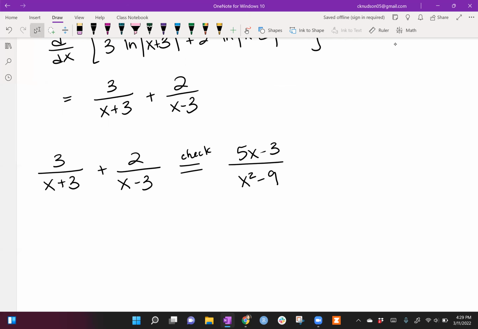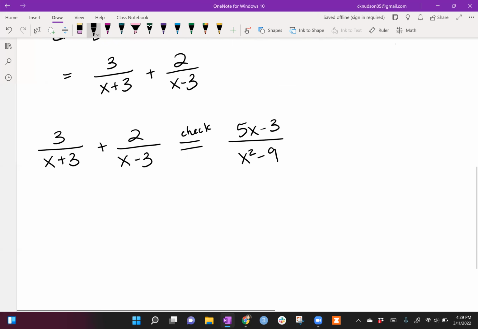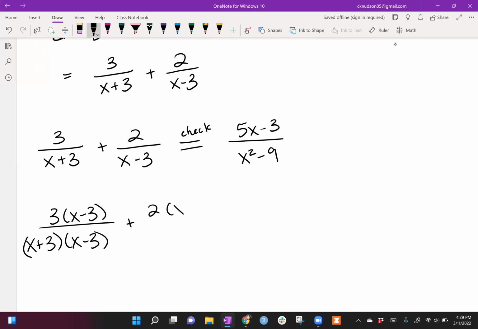Let's go ahead and find a common denominator on the left-hand side. So 3 times x minus 3 over x plus 3, x minus 3, plus 2 times x plus 3 over x minus 3, x plus 3. So now we have our common denominator, which is x squared minus 9.